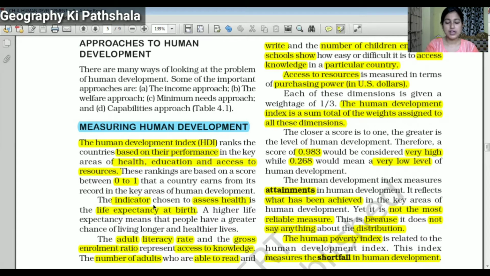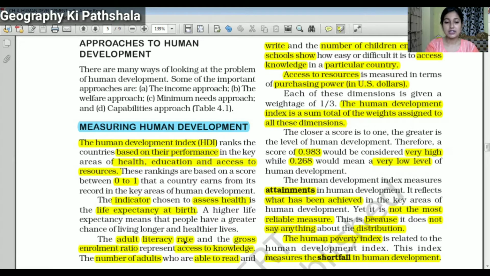When we choose an indicator for access to health, it is life expectancy at birth. If there is a higher life expectancy, it indicates that people have a greater chance of living longer and healthier lives.